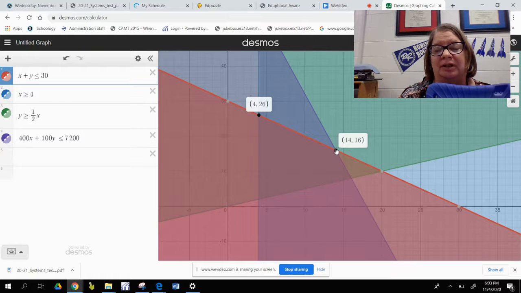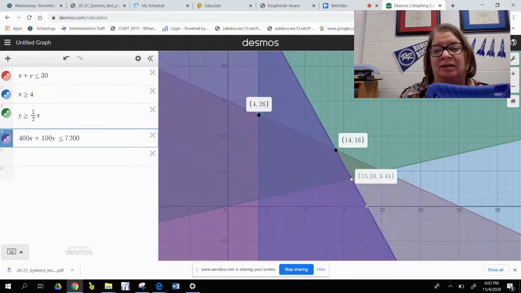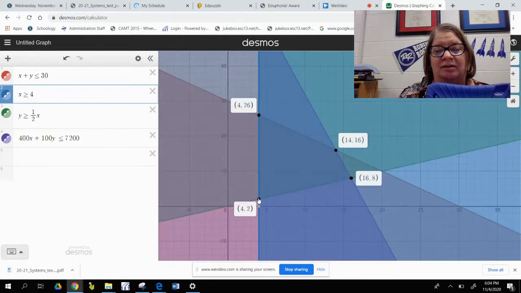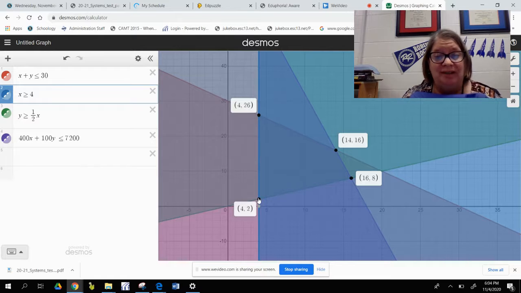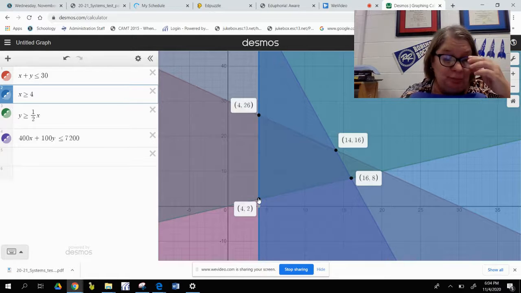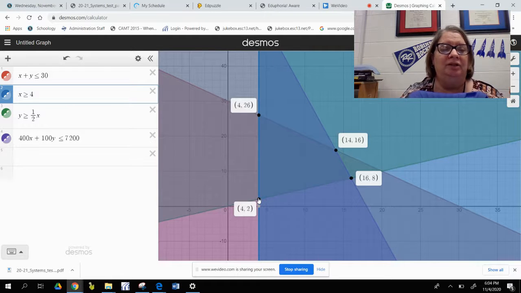And I can point on this one, and that's (14, 16). And this one is (16, 8). And this one is (4, 2). So there are my boundaries, or my vertices of this. It's called a feasible region. Okay, so these are the corners.